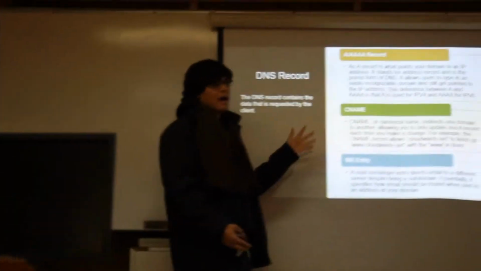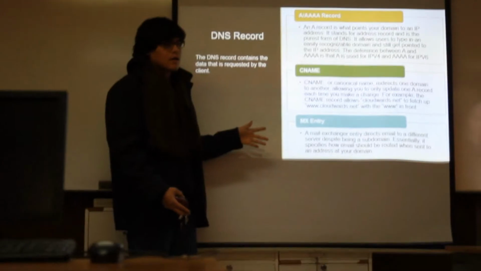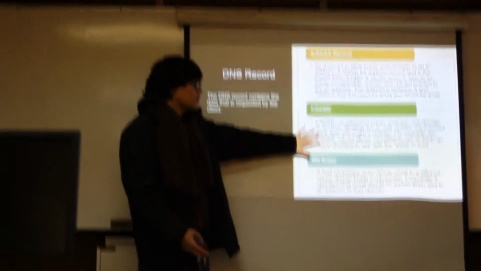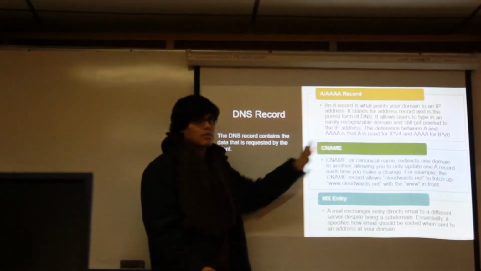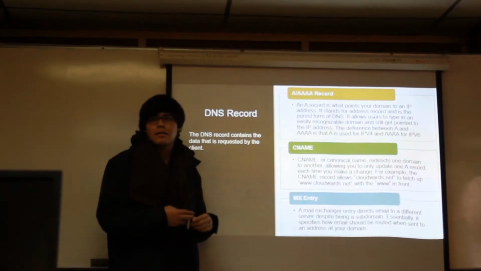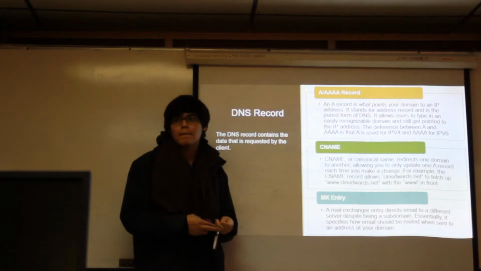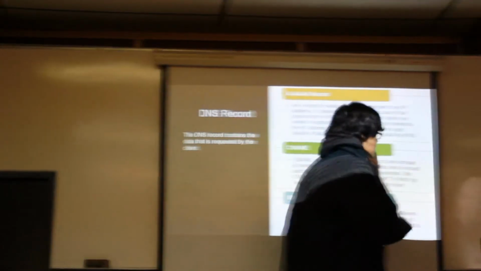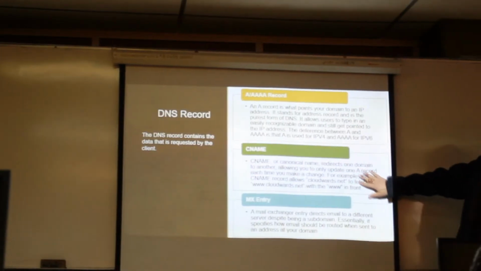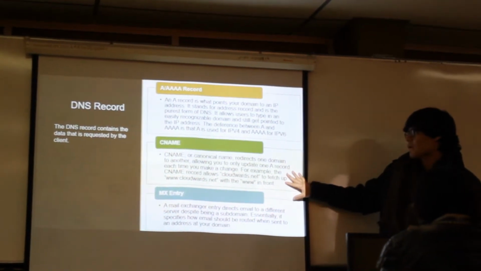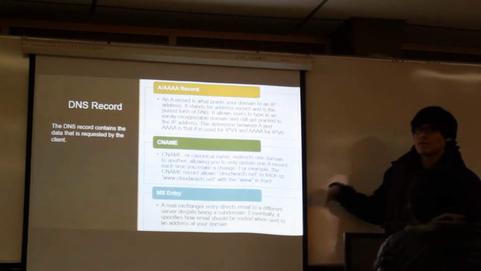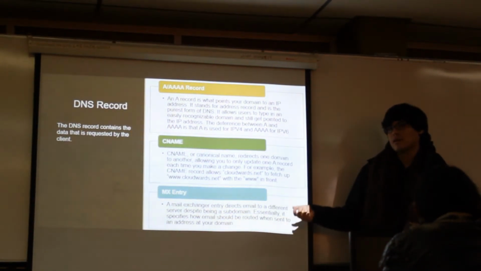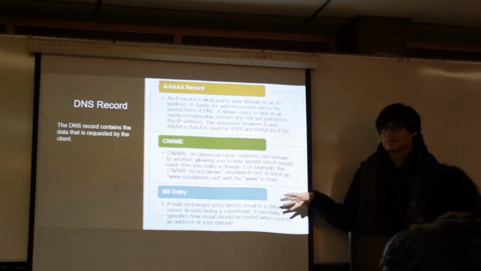Another function it can have, or better said, does this just redirect to one IP? That is a question. So, like I said, this is a canonical name or a nickname that we give to the IP we want to access.